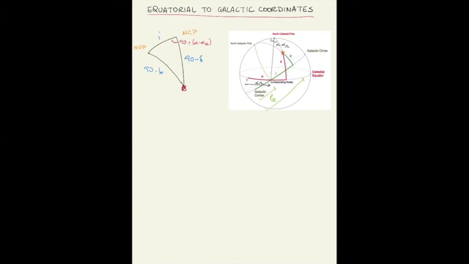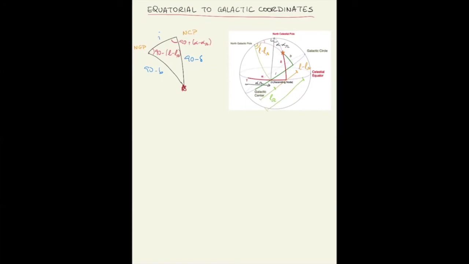So what you have here is the longitude of this star minus the longitude of the ascending node. So that should be this angle. This is L minus L omega. And this angle here is a right angle. So what is left is 90 minus (L minus L omega).